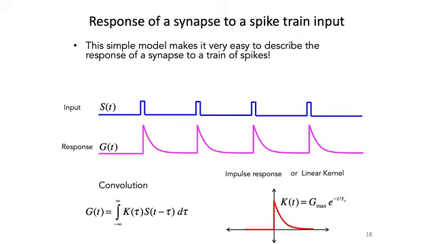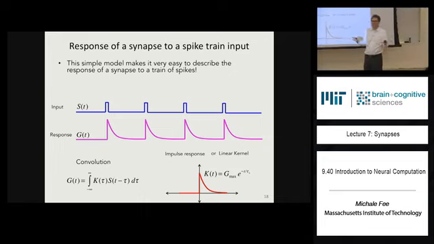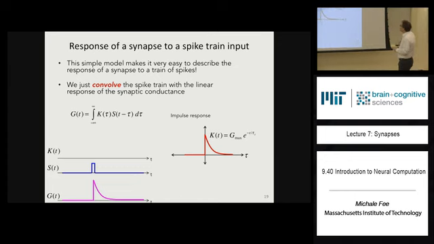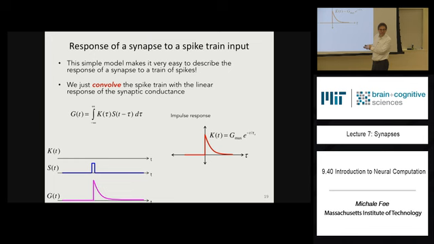It looks a little messy, but I'm going to explain how to visualize it very simply. Notice that the response of the system is just this operation where we multiply the kernel times the stimulus and integrate over time.